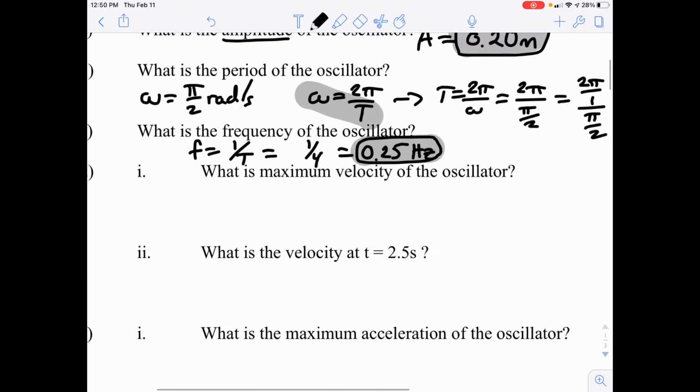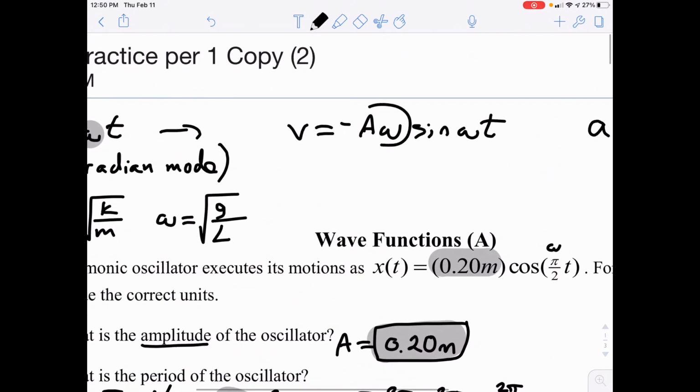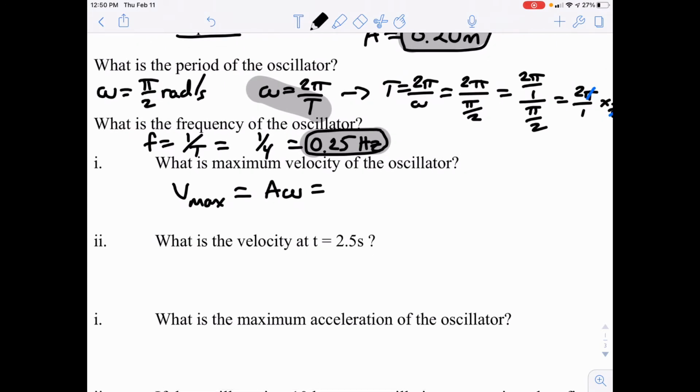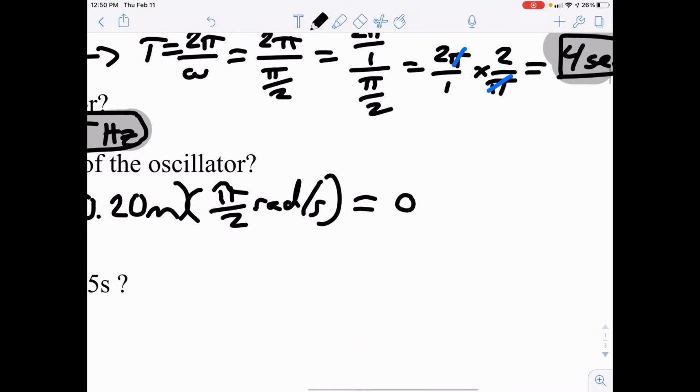Well, we can get max velocity by going A times omega. It's the amplitude of the velocity function. A was 0.20. Omega was pi over 2. And so if we go pi divided by 2 times 0.20, we get roughly 0.31 meters per second.